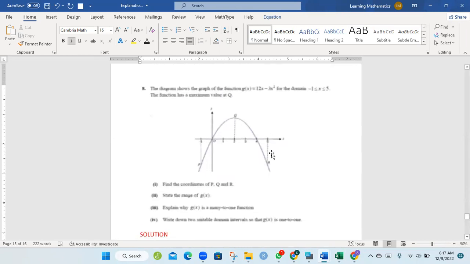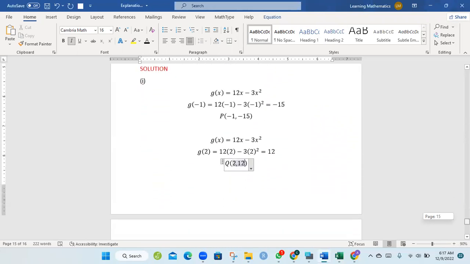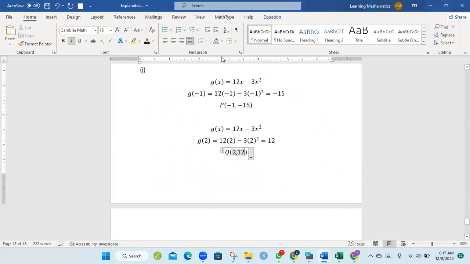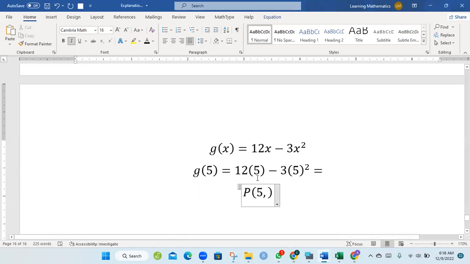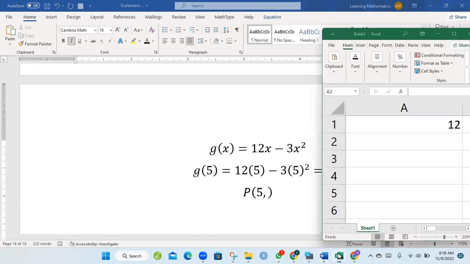The x coordinate is 5, so we have to substitute 5 in the place of x to find the y coordinate of p. So we substitute the x coordinate of p into the function, which is 5, to find the y coordinate.